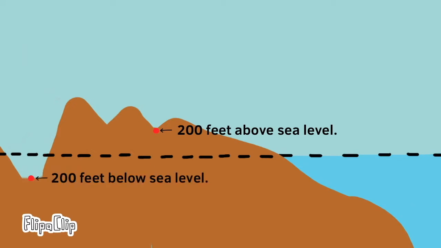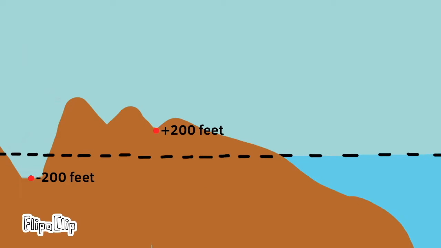The elevation of this point on the valley floor is approximately 200 feet below sea level. 200 feet above sea level would be represented with a positive 200 feet, and 200 feet below sea level would be represented with a negative 200 feet.